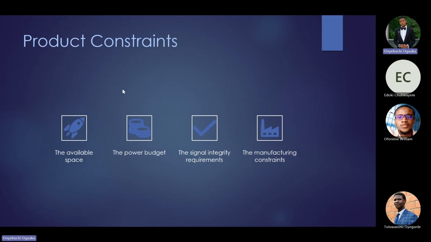The next one is manufacturing constraints. These manufacturing constraints involve the limitations that are imposed by the PCB fabrication and assembly processes. Let's just say the manufacturing company cannot provide some components.